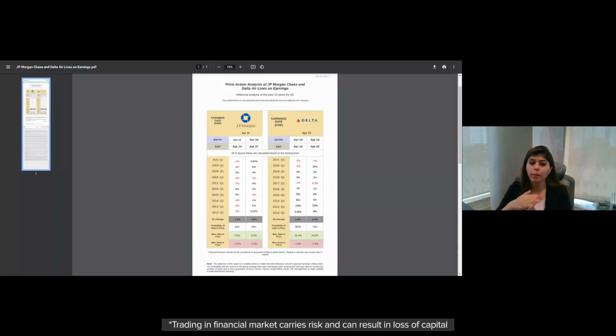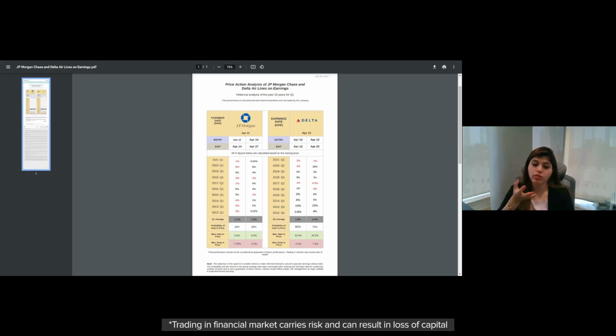Q1 will be compared to Q1 itself. In the year 2021, JP Morgan lost 1%. In 2020, it lost 8%. In 2019, it gained 3%. In 2018, it lost 3% again. So on average, the stock has lost a little more than 1%.